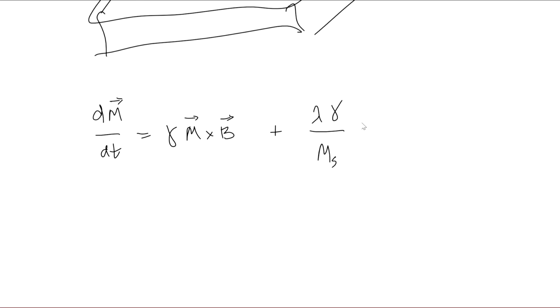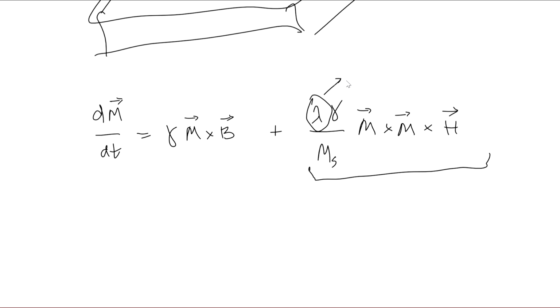Ms, then m cross m cross H. So this equation, I'm not going into the detail of where we get this, but basically what we can get is a term here on the right that has this double cross product, and this is a damping constant, or it can be written in a different way.